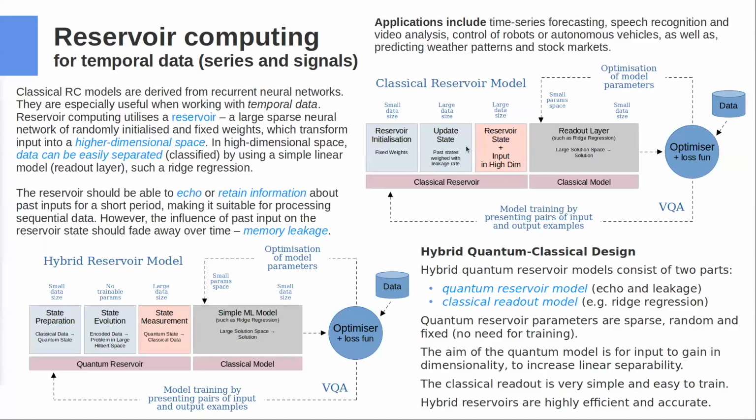Then we collect inputs as they come through and we weigh them with a so-called leakage rate. When new data comes in, it's not weighed at all. It gets pushed into the stack. When the next data comes in, all the previous inputs get weighed by a small leakage rate.